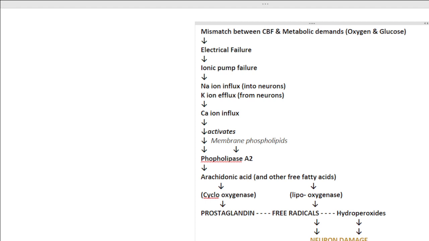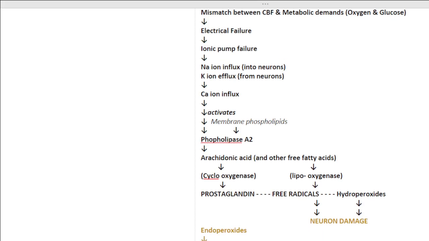These two are released by, or you can say it is a change of, endoperoxides, which actually give rise to thromboxane and prostacyclin.